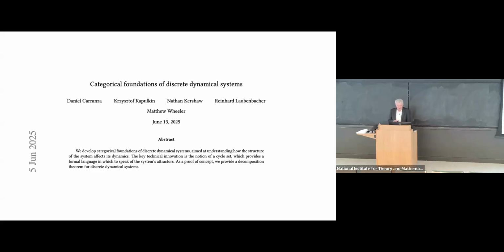There's a paper here that's under review, Categorical Foundations for Discrete Dynamical Systems, in which the theorems that we derived are reproven, but they're reproven in a much broader context, that of discrete dynamical systems, which is basically the notion of Ashby. You have a set of states S, and you have a function from that set to itself. So what fits into that? Certainly Boolean networks can be described in this way, but also Petri nets, cellular automata, a number of other things can be described in this way.